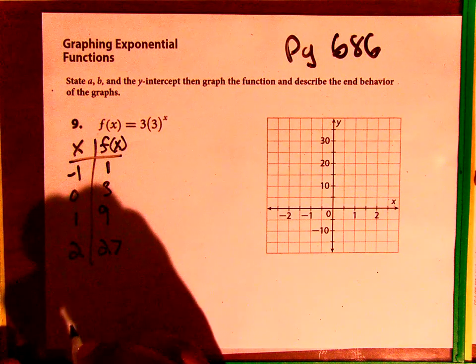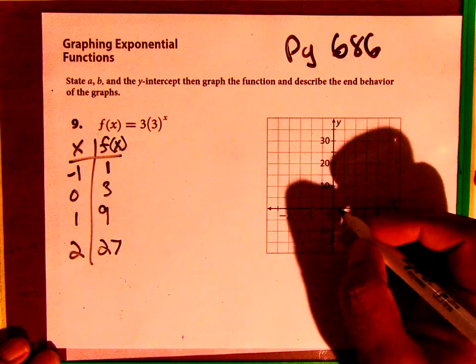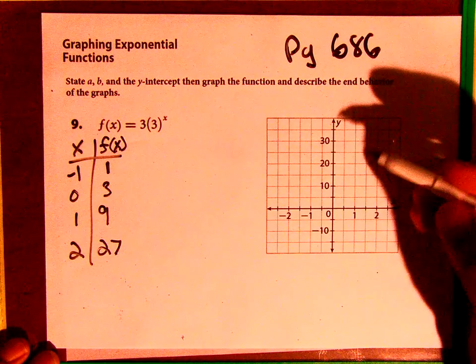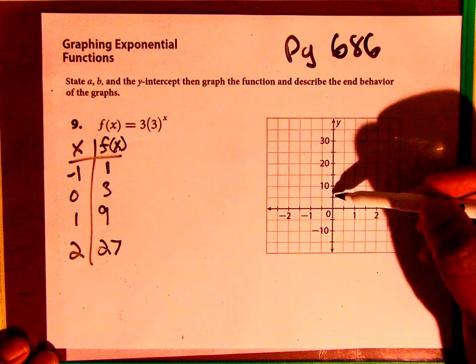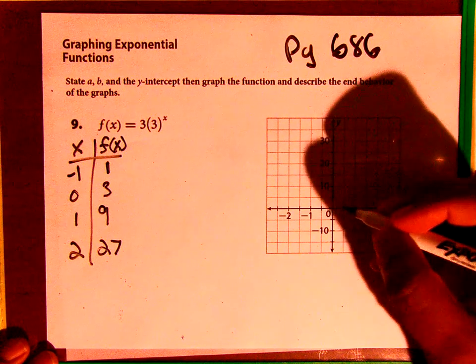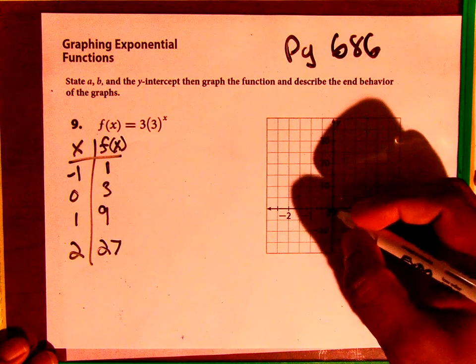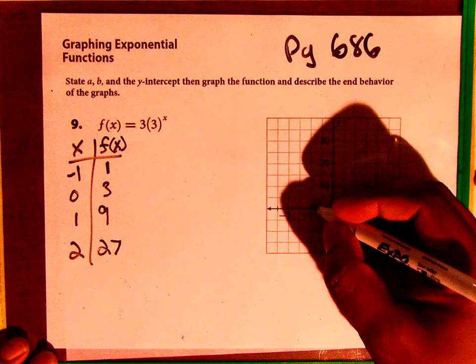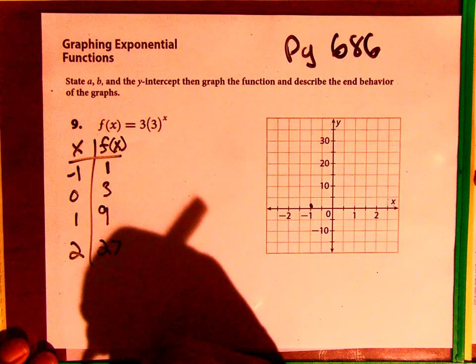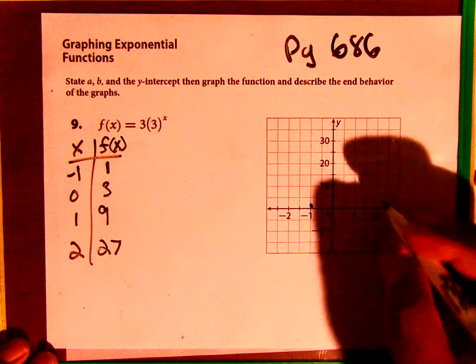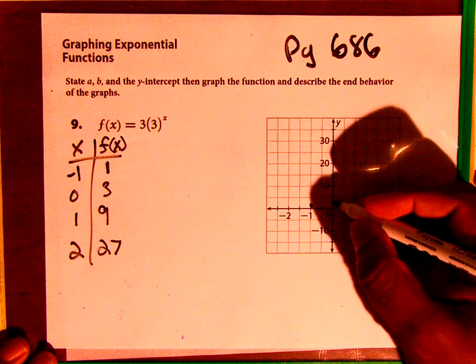As I plot the points here, I'll go to -1 and 1. Notice how each block is worth 5 units. So -1 will be really small here. When I go over -1, it'll be about right here somewhere. At 0, I get 3, so that's going to be a little more than halfway.